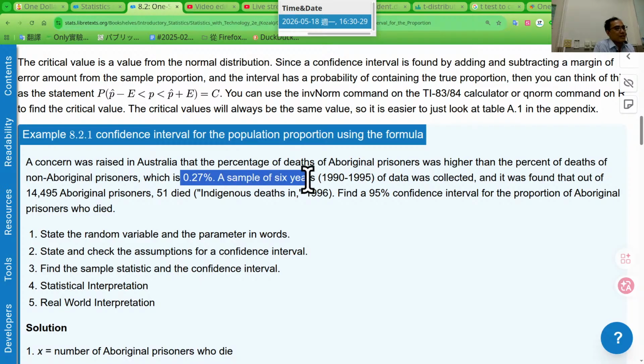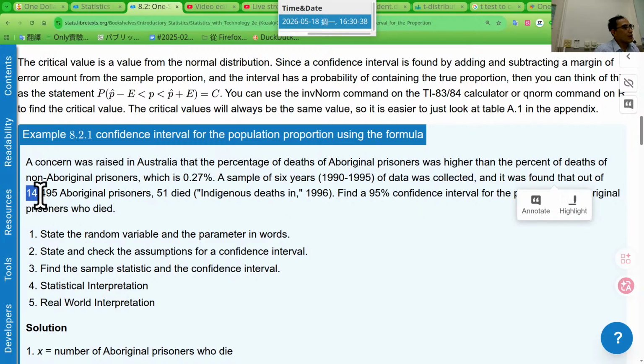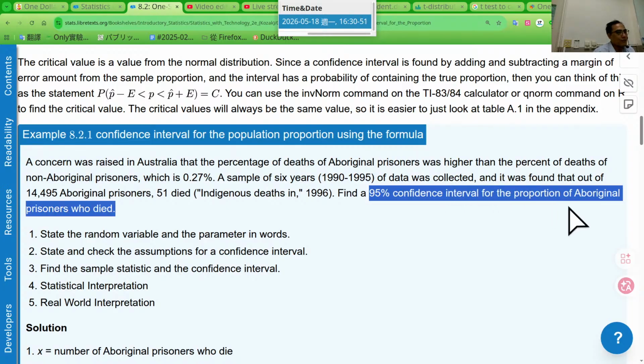As an example, 6 years of data were collected, and it was found that out of 14,495 Aboriginal prisoners, 51 died. Find a 95% confidence interval for the proportion.